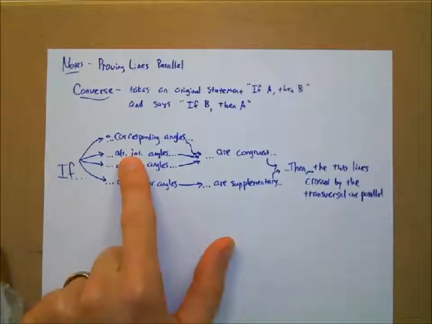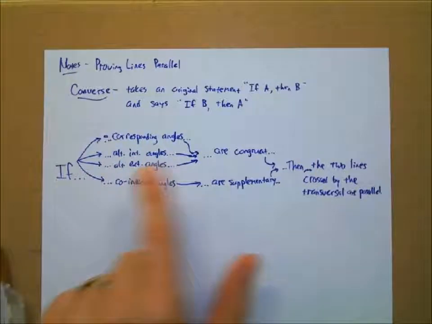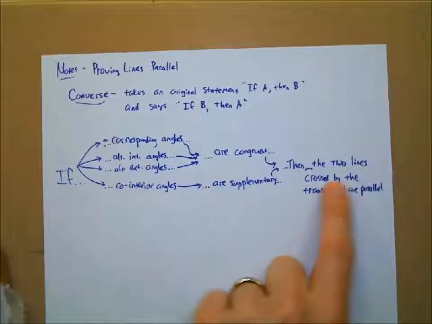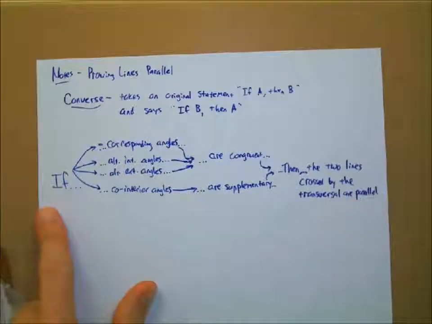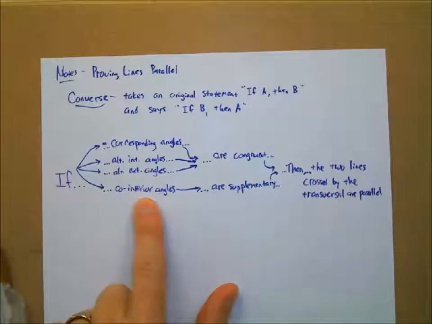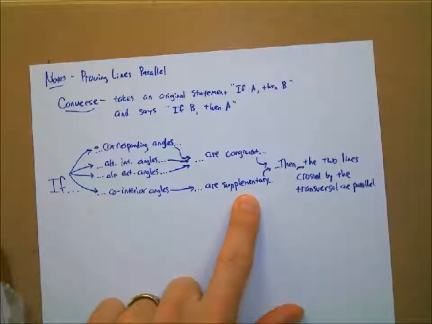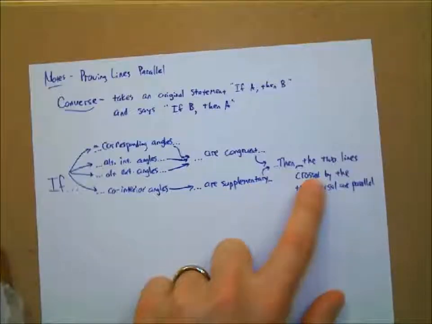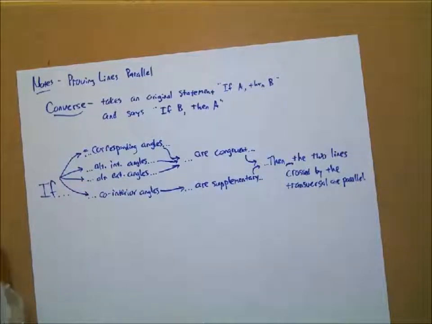If corresponding angles are congruent, then the two lines crossed by the transversal are parallel. If alternate interior angles or alternate exterior angles are congruent, then the two lines crossed by the transversal are parallel. If co-interior angles are supplementary, then the two lines crossed by the transversal are parallel.